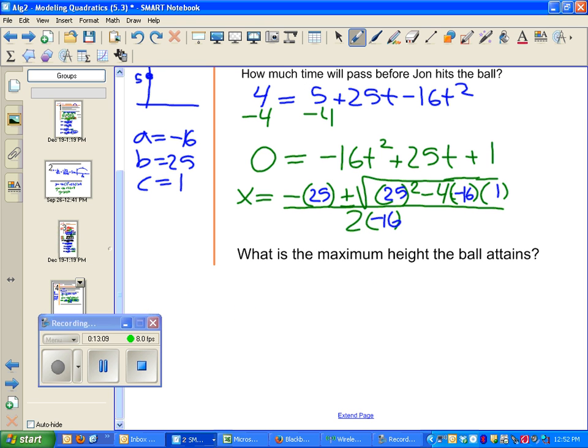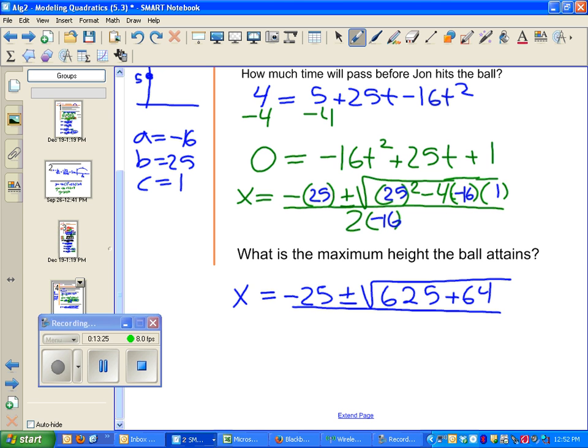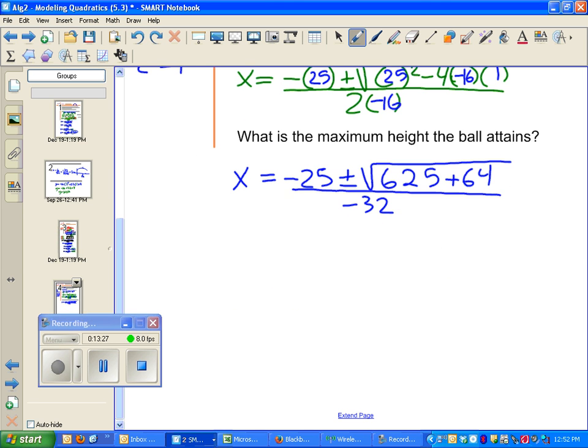But to carry this on, x equals negative 25 plus or minus the square root of 625. And then a negative times a negative is a positive, times 1 is a positive 64, all divided by negative 32. So x is equal to negative 25 plus or minus the square root of 689, all divided by negative 32.